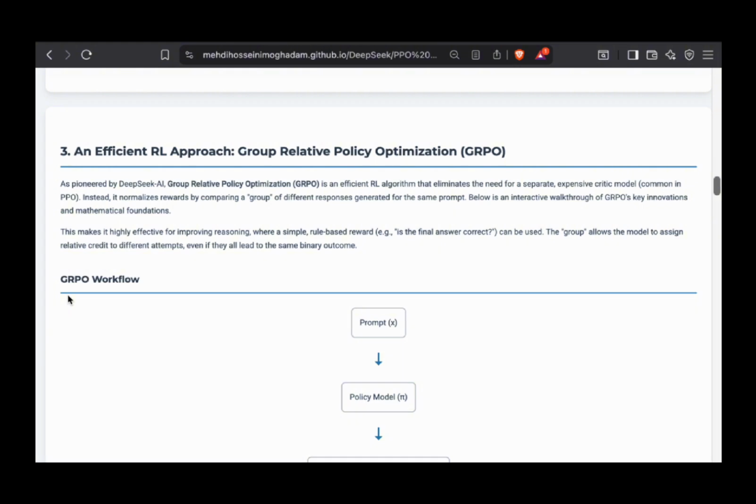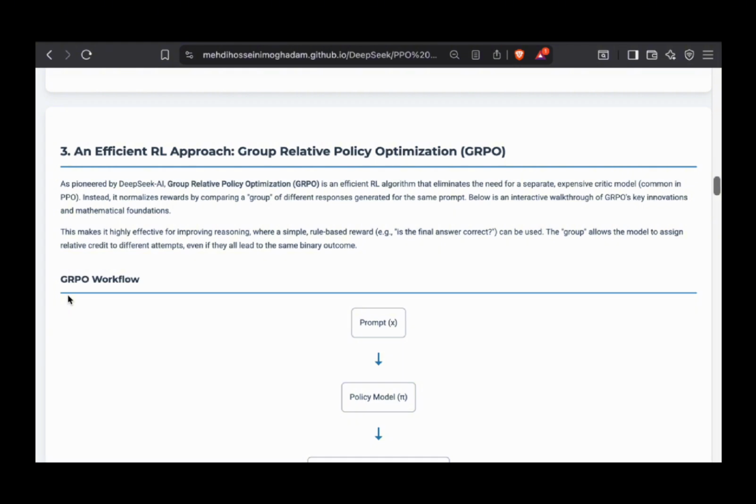But now, don't forget that what we wanted to do was understand how DeepSeek works. The way DeepSeek works is none of PPO or DPO. What they do is something called GRPO, which is Group Relative Policy Optimization.